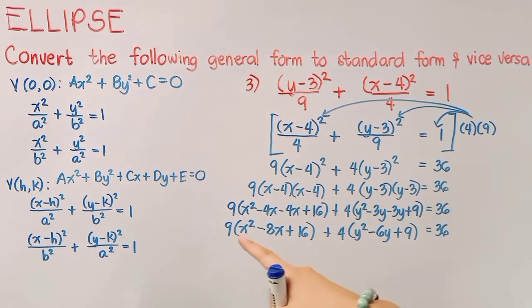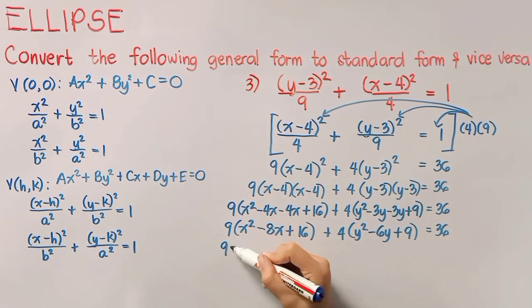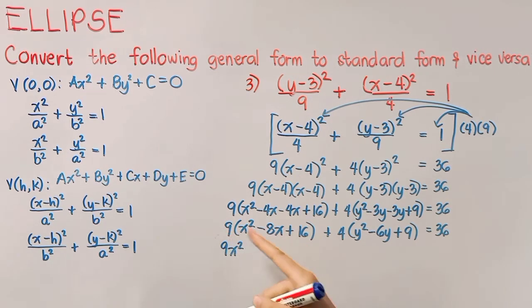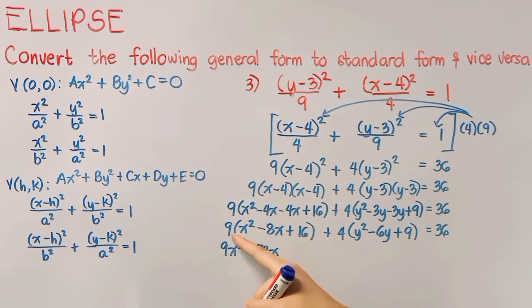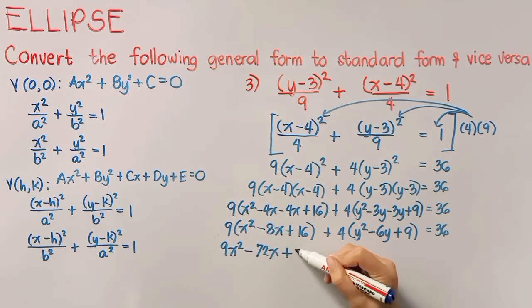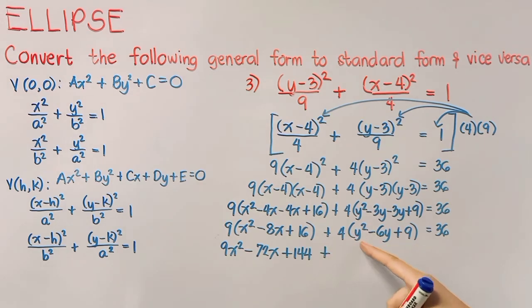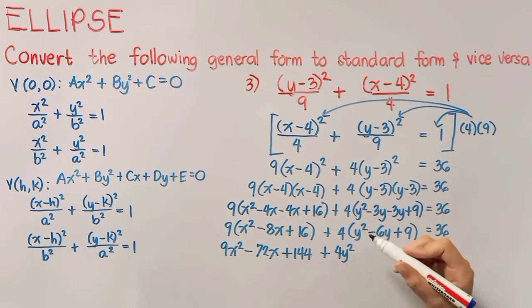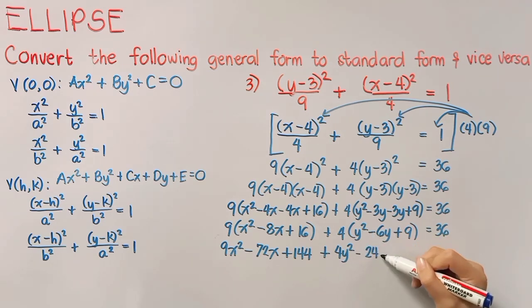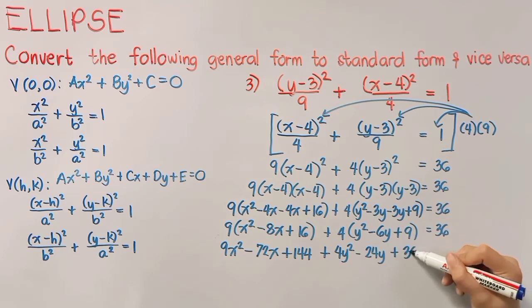We will now distribute 9 to each of the terms here. 9 times x squared is 9x squared, 9 times negative 8x is negative 72x, 9 times positive 16 is positive 144. And then, 4 will be distributed here, so that's 4y squared, that's negative 24y, and then 4 times 9 is positive 36.